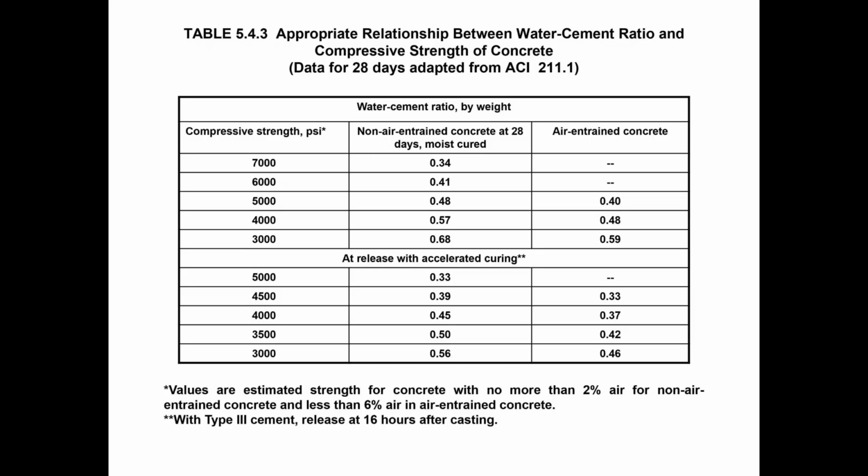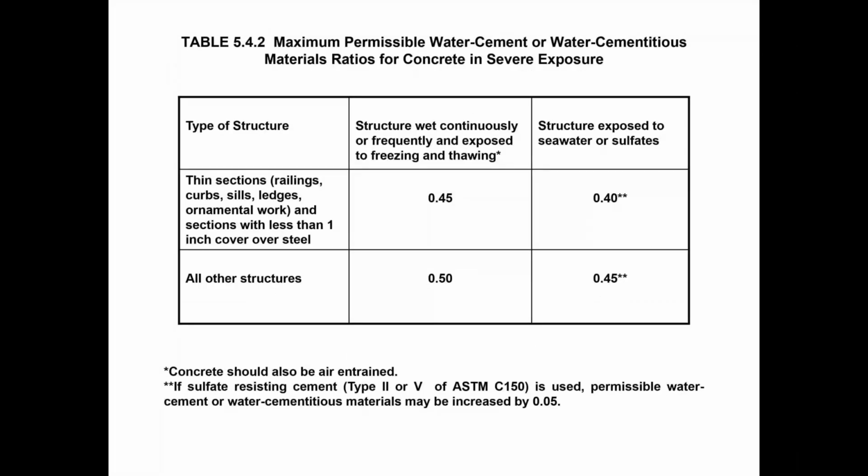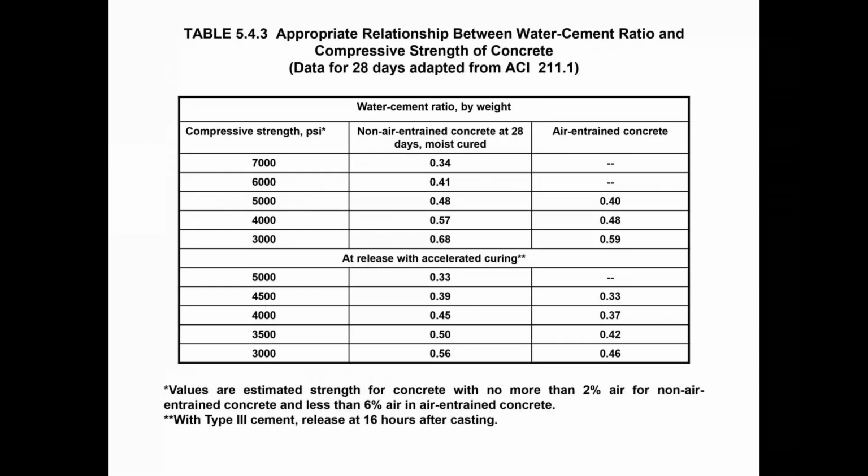Notice that with regard to our strength requirement, we have both a stripping strength and a 28-day strength section of the table. So between these two tables, 5.4.2 and 5.4.3, we can come away with three different water cement ratios.